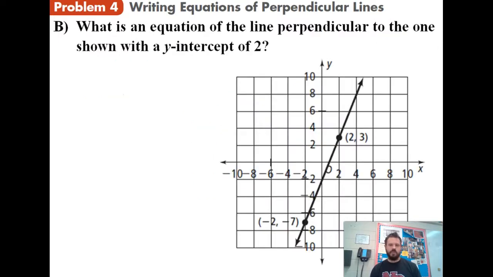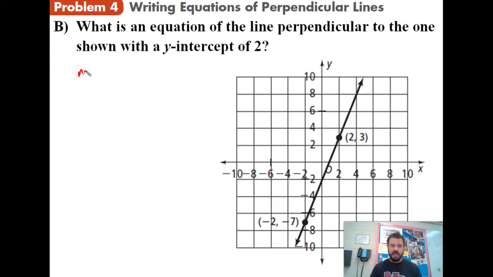All right, problem 4, same concept we're working with, perpendicular slopes, but this one's asking us for a little bit different information. It's a little bit of problem-solving skills involved. It asks, what's the equation of a line perpendicular to the one shown with a y-intercept of 2? So if I want a line perpendicular to this one, first thing I need to figure out is what's its slope.